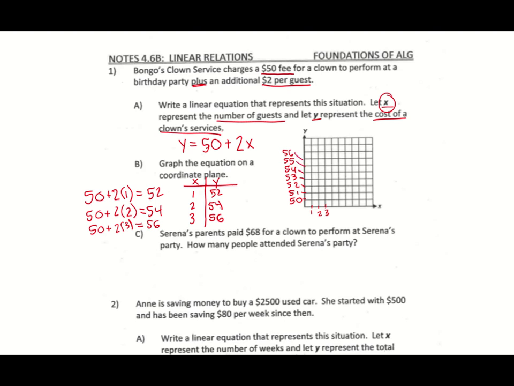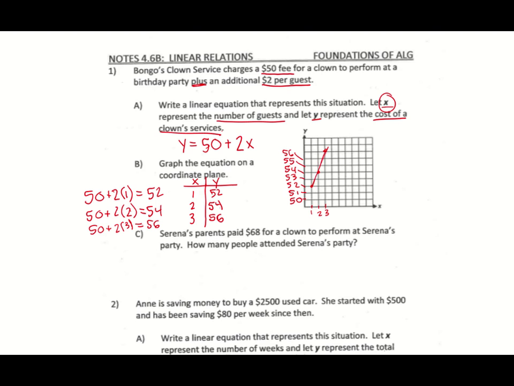Okay, so now when I graph these, I have 1 and 52, 2 and 54, and 3 and 56. And I can connect those points.